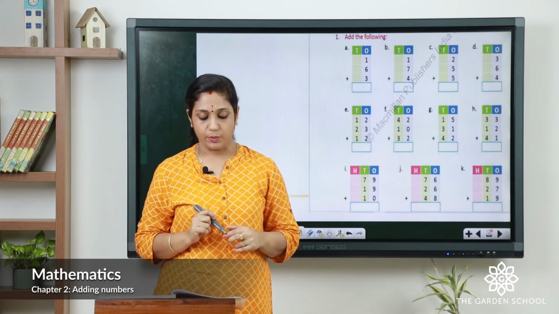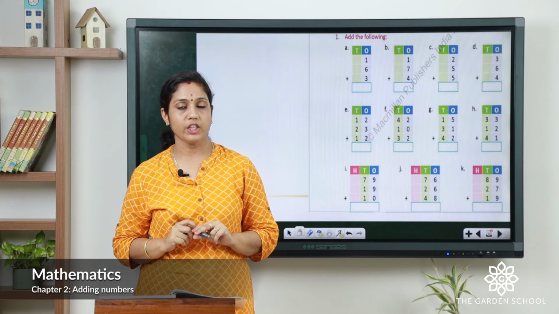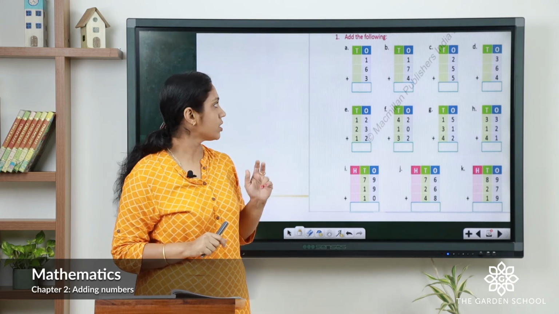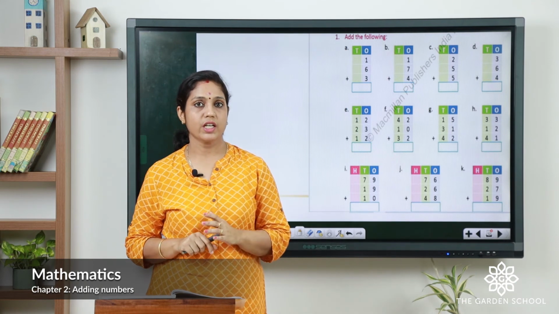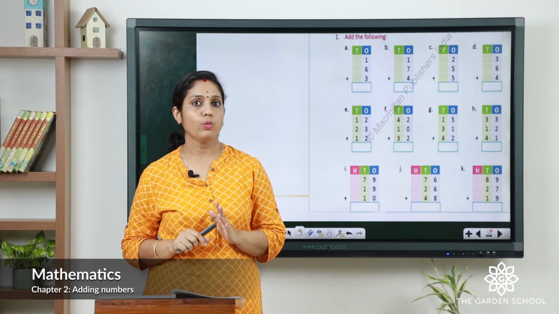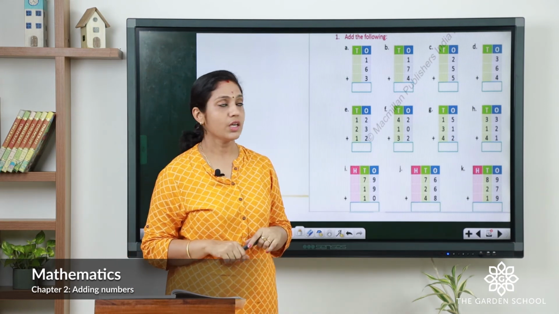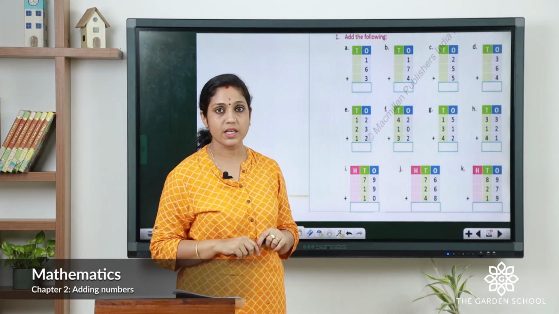So, in your textbook you can take page number 24. You have an exercise here. So, this is your exercise which is in the textbook. I will do 1 or 2 for you. So, first question, it is 1 plus 6 plus 3.